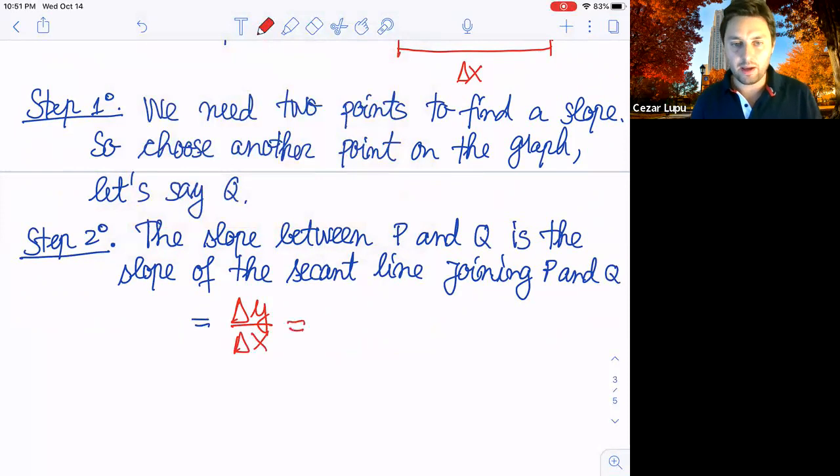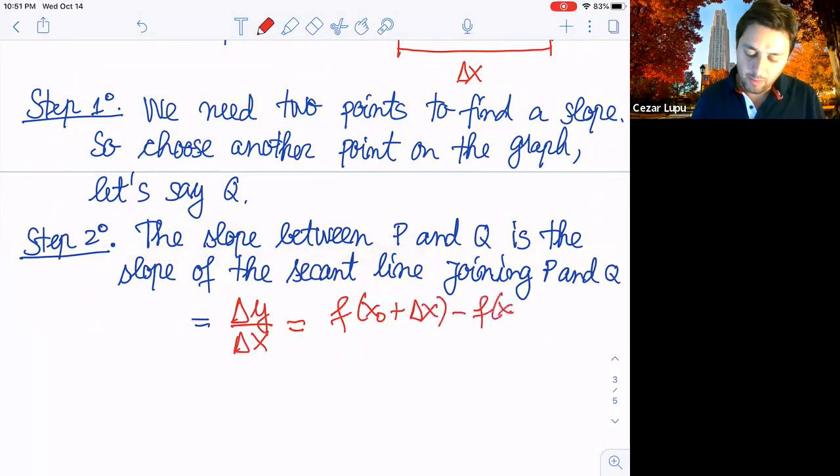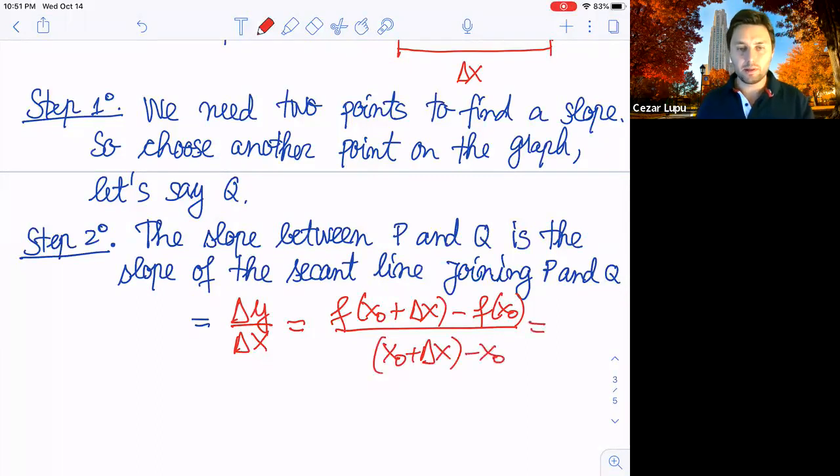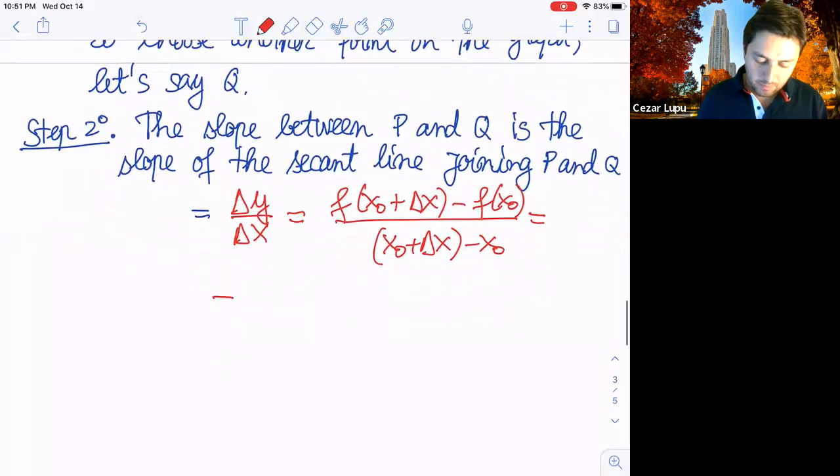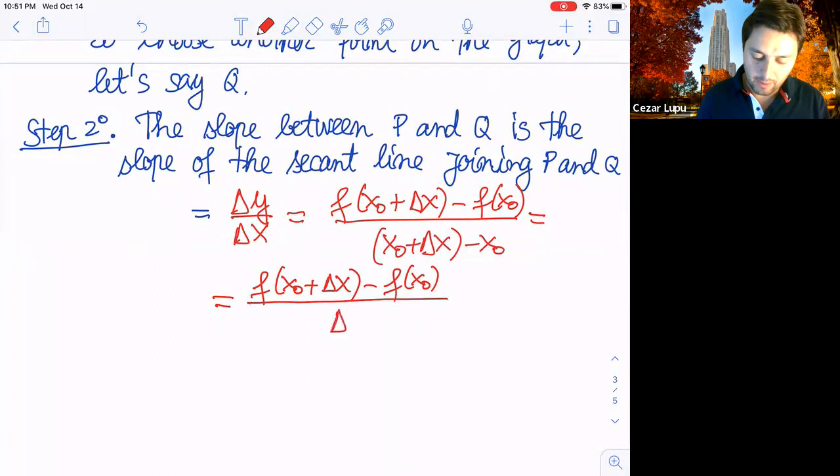And this will be nothing else than just f of x naught plus delta x minus f of x naught over x naught plus delta x minus x naught. But this, if we do a little bit more algebra, is nothing else than just f of x naught plus delta x minus f of x naught, everything over delta x. So this is what we need to know.